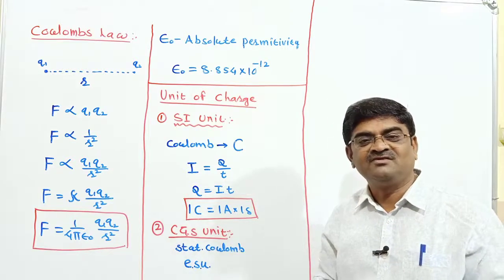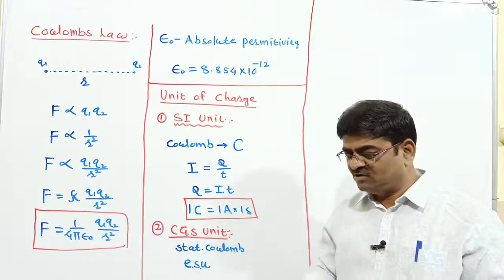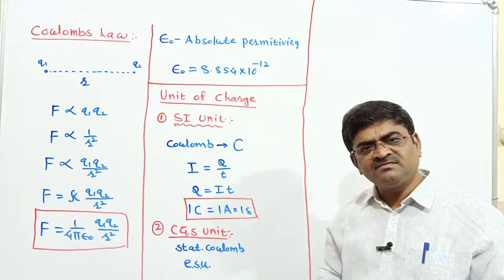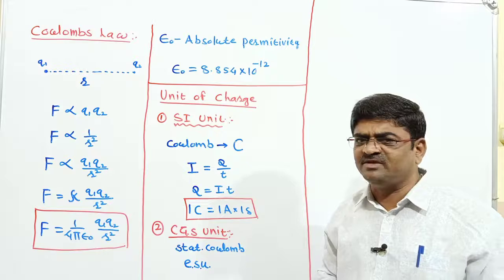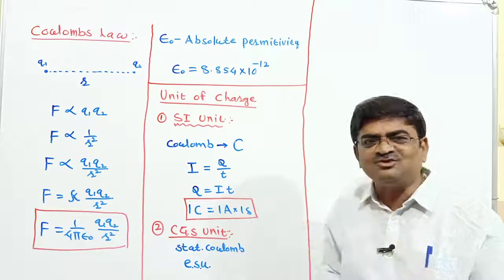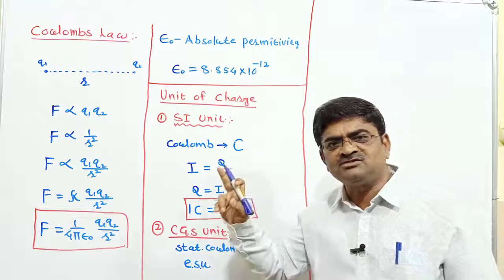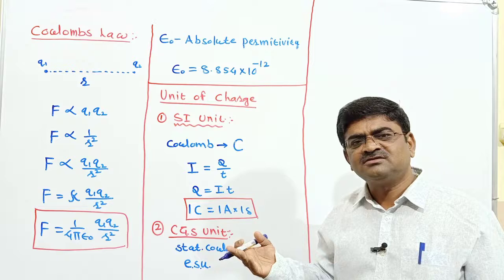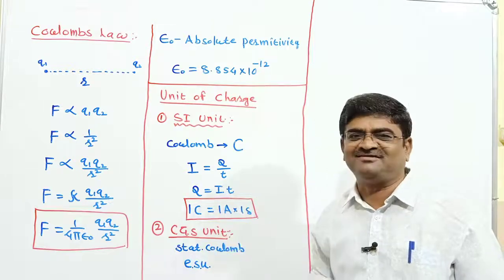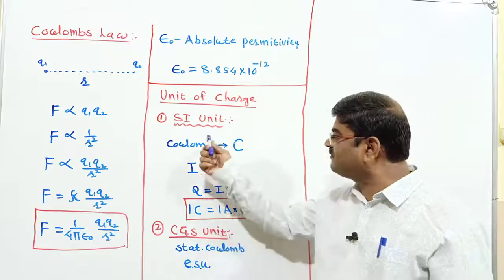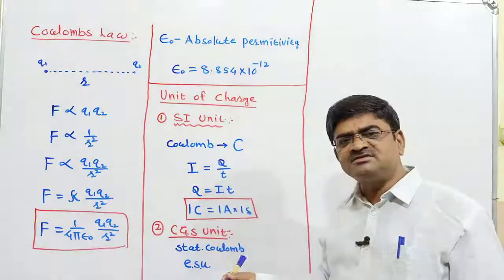When it comes to finding the relation for different units, you have done it in dimensions. As such, fundamental relations you know, like 1 meter equal to 100 centimeter. In that way, I can think of having a relation between coulomb and stat coulomb.